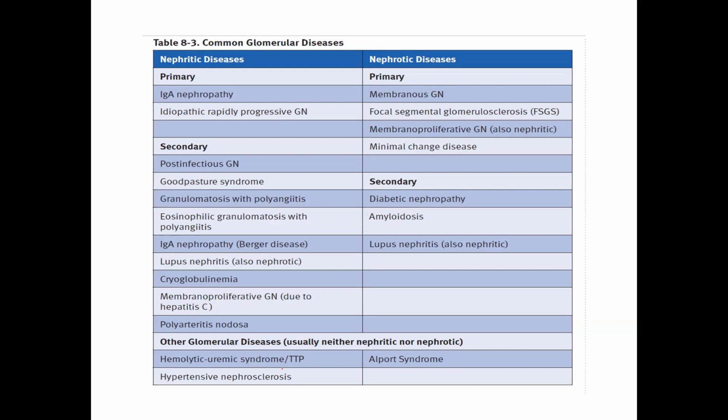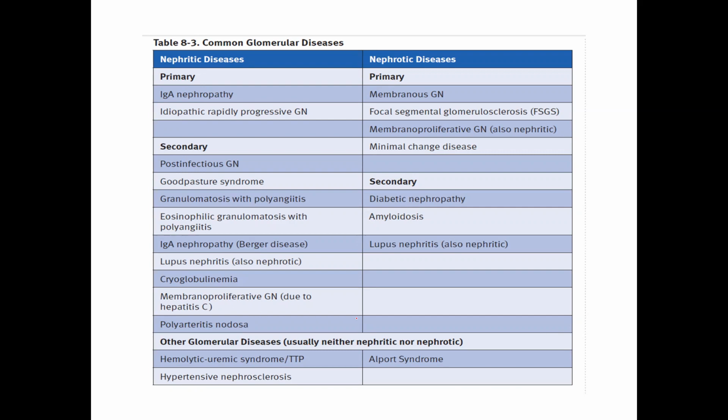As we define glomerular disease as nephritic and nephrotic syndrome, especially based on the proteinuria, nephrotic syndrome is greater than 3.5 gram per 24 hours, and nephritic range is less than that level. Nephritic syndrome is associated with hematuria as well, and nephrotic syndrome is associated with hypertension, edema, and the nephrotic range proteinuria.